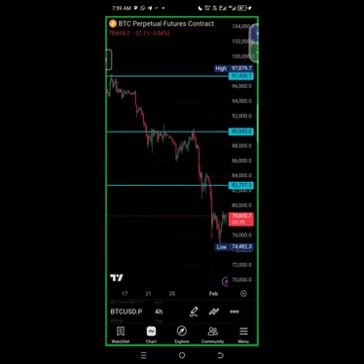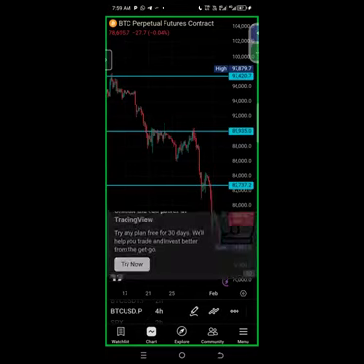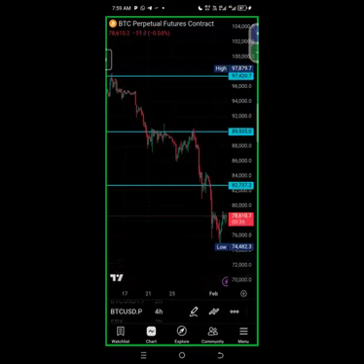What formation is this? When you critically look at this chart, what formation will you conclude it to be? What will be your conclusion?